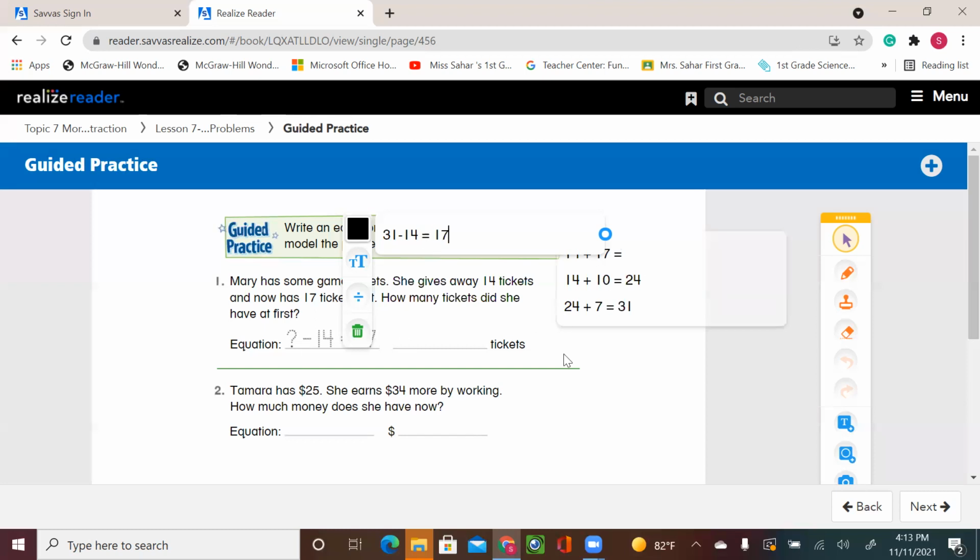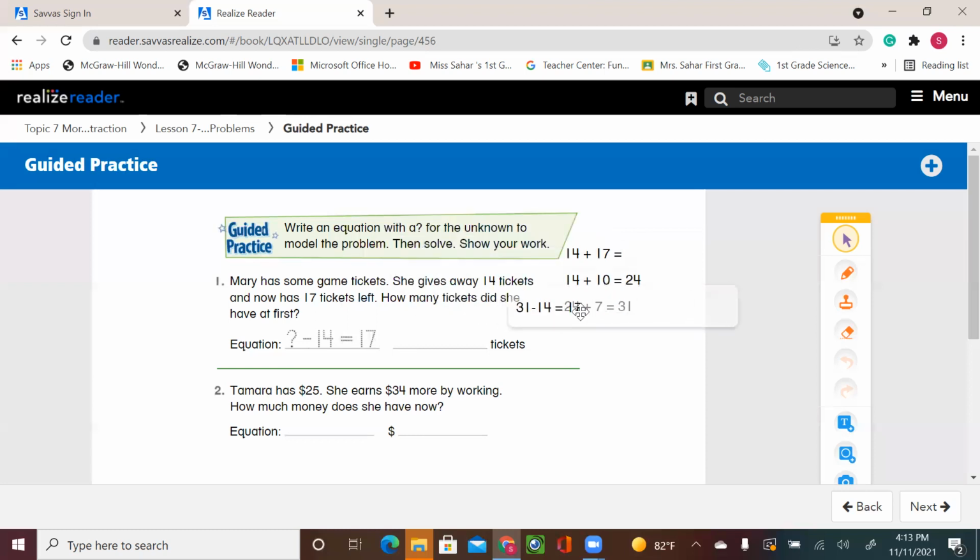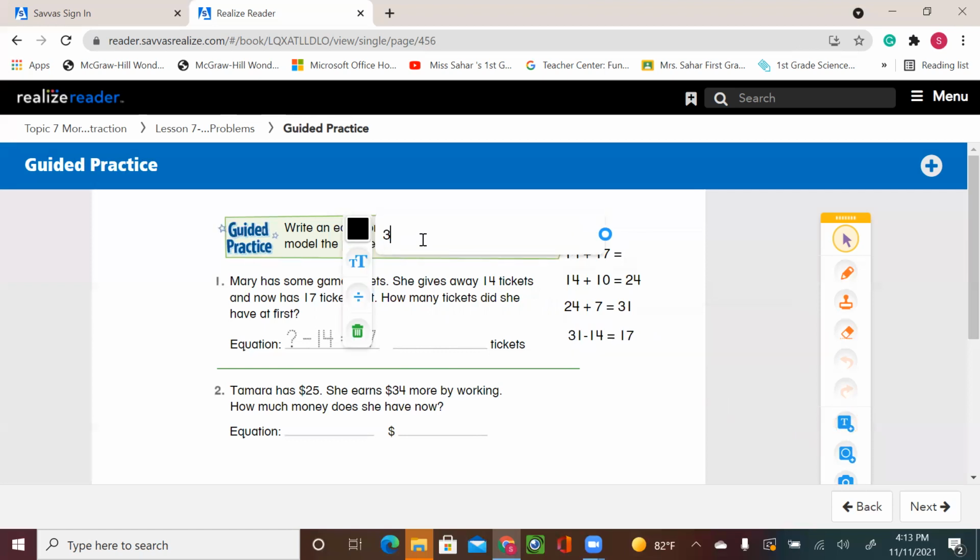So now I know that Mary started with 31 tickets. She had 31 tickets. She gave away 14. And now she's left with 17. So that helped me. If I want to double check, I will add 14 and 17. If I get a total of 31, then my answer is right.